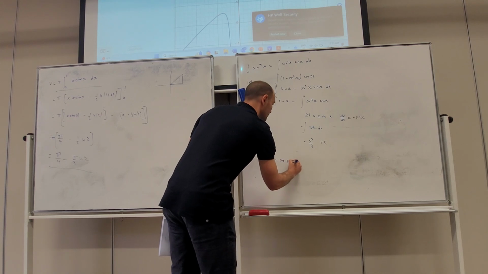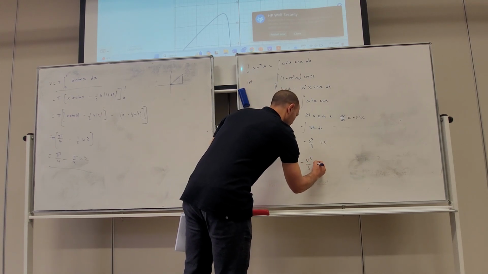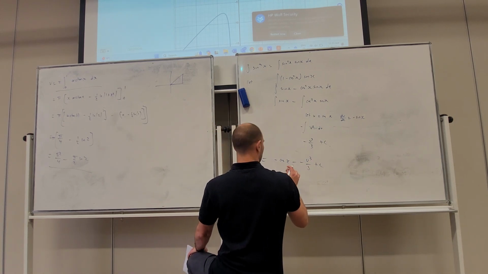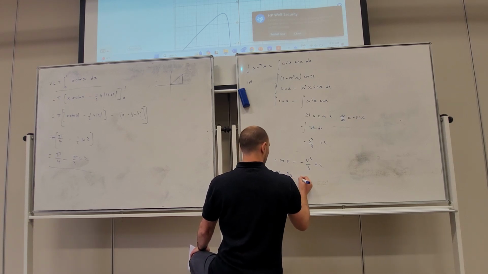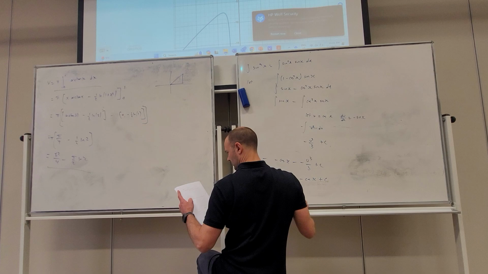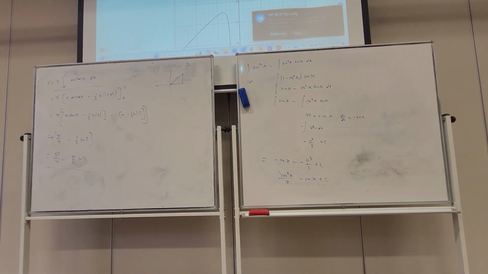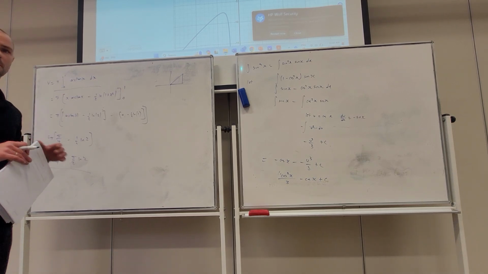Negative u, take negative u cubed on 3, plus c, which is cos cubed x on 3 minus cos x plus c. Nice.